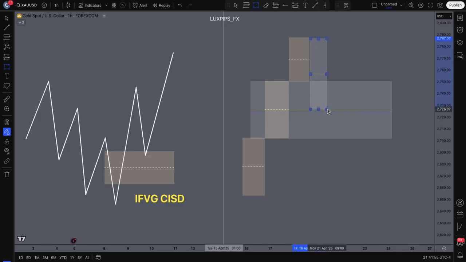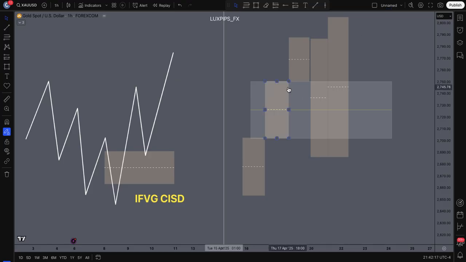Most of the time you're going to see price come back down, retest it, and go back up, continuing. Not always. It's sometimes going to come down to fill it, and sometimes it's going to come down outside of it, then continue going up.